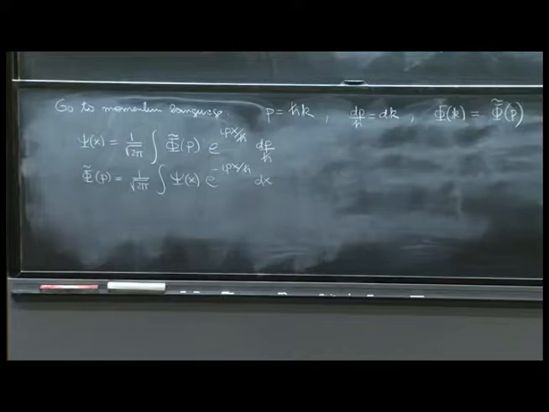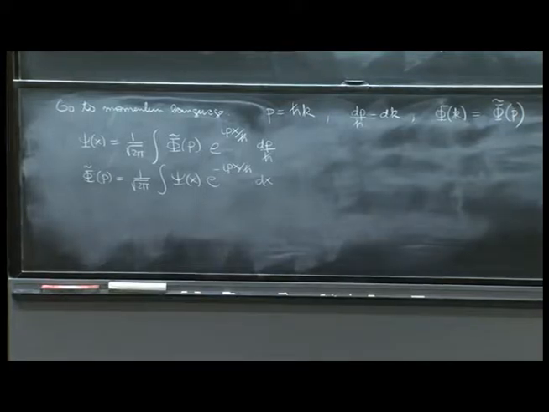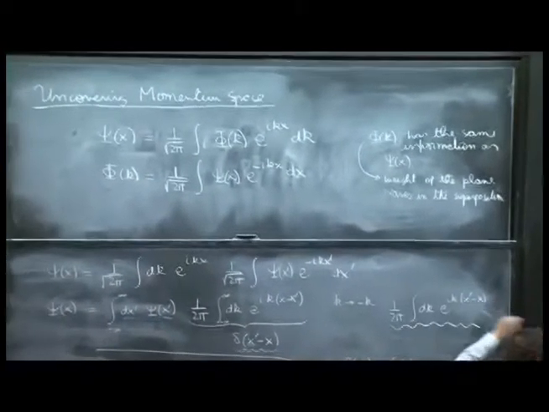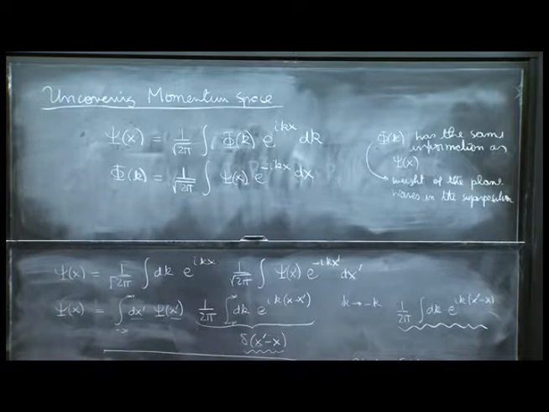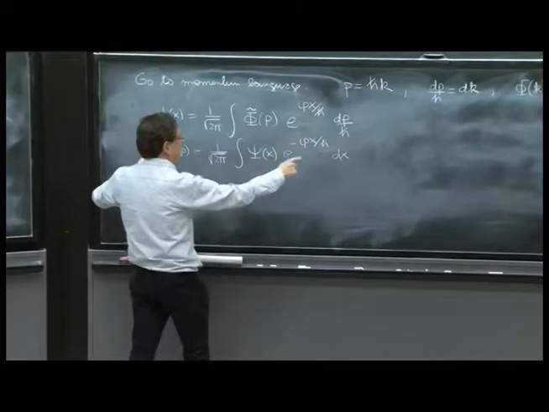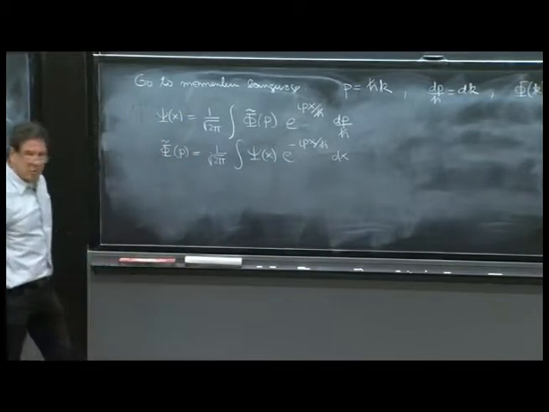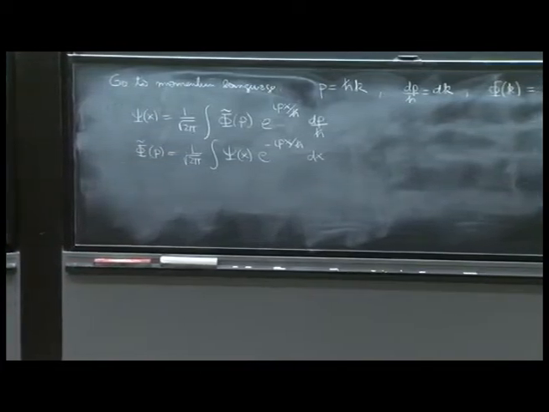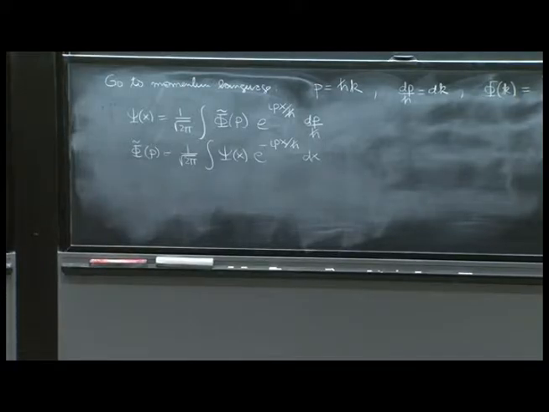So I did my change of variables, and things are not completely symmetric if you look at them. Here they were beautifully symmetric. In here, you have 1 over h bar here and no h bar floating around. So we're going to do one more little change.